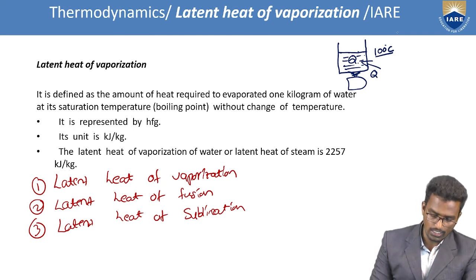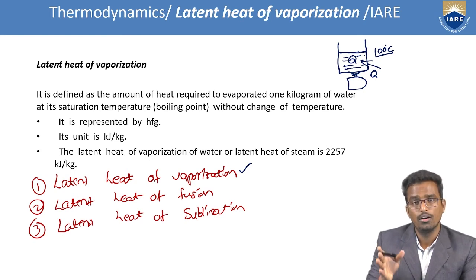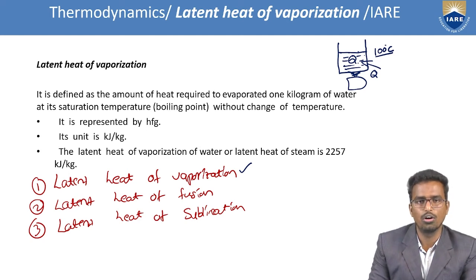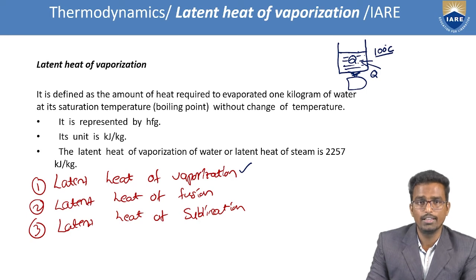So here the latent heat of vaporization is the amount of heat required to change the phase of a system from liquid to gaseous. I am not changing the temperature.